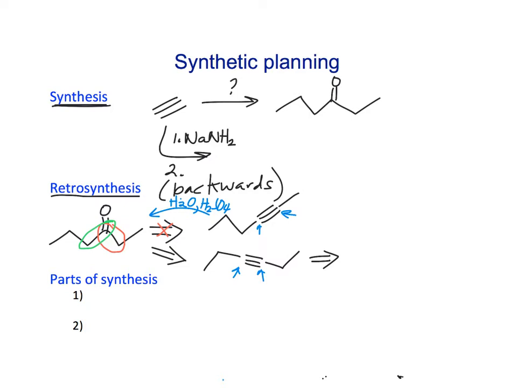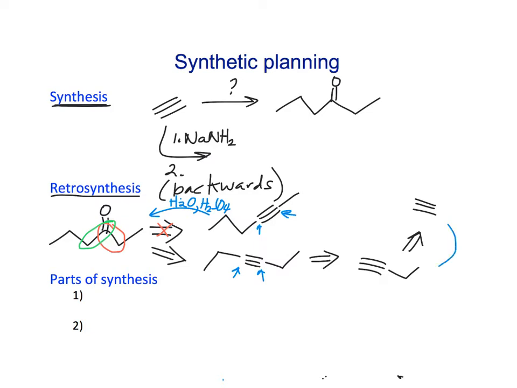We should know that we can extend the carbon chain using acetylide anions. So we can make an acetylide anion from this terminal alkyne, add an alkyl halide, and extend the chain. We could go back even farther. We could do another acetylide anion reaction to get to here. So this would be a retrosynthesis.